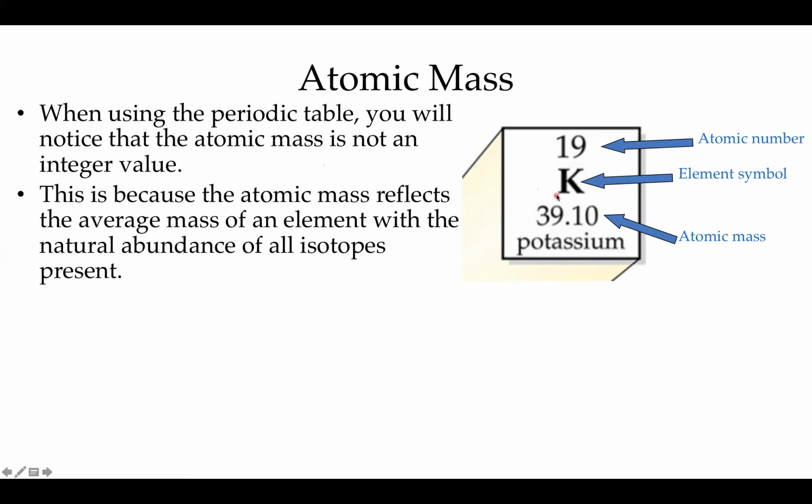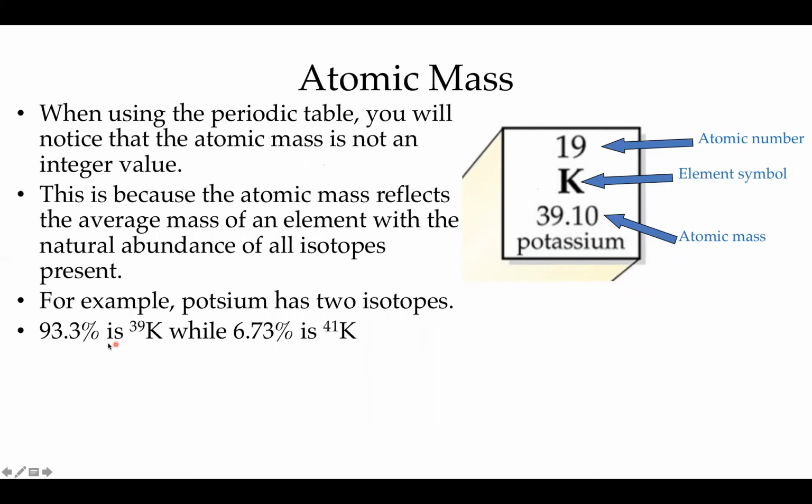So let's go ahead and work a more concrete example here for potassium. This is actually not too bad because potassium has 2 different isotopes. It can either occur as potassium 39. So this would be where I have 20 neutrons, or as potassium 41, where I would have 22 neutrons.